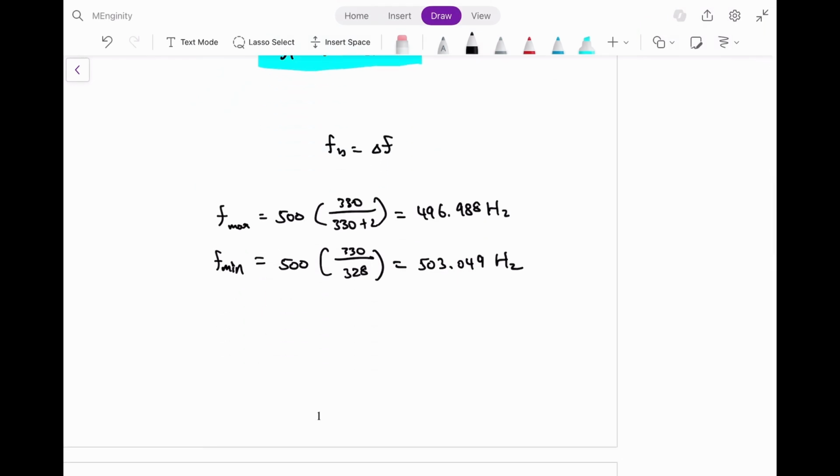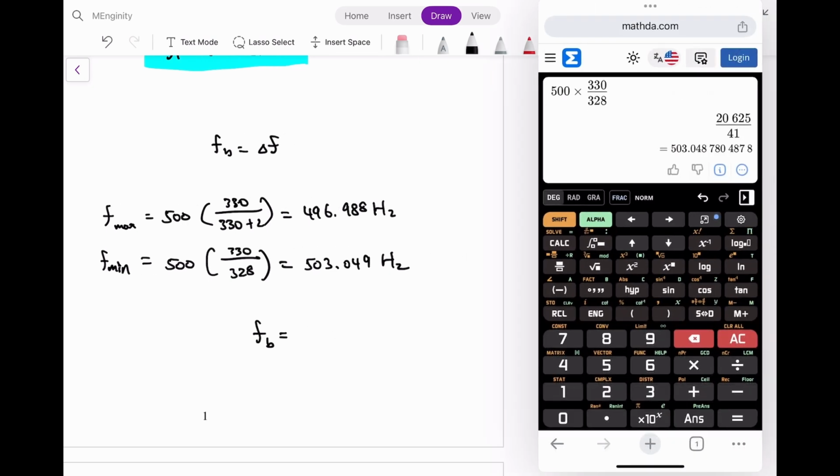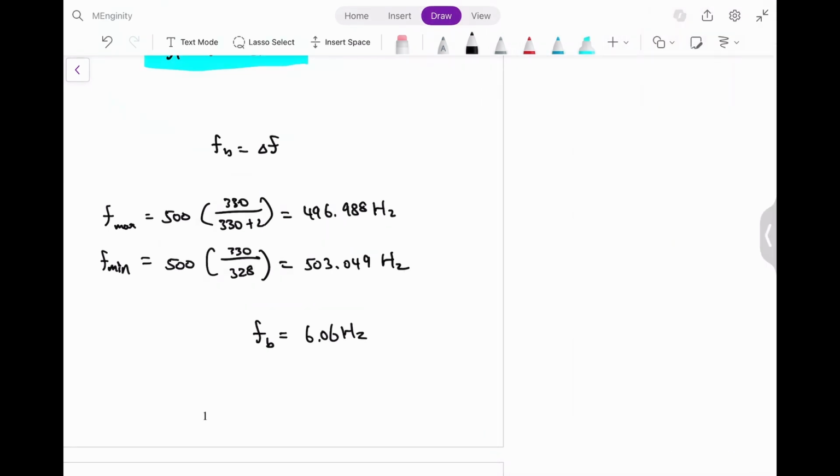Okay, so therefore we will be able to calculate the beat frequency, which is equal to 503.049 minus 496.988, and that is, let's say, 6.6 hertz, and that will be the answer to the question.